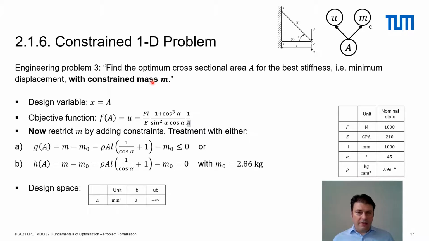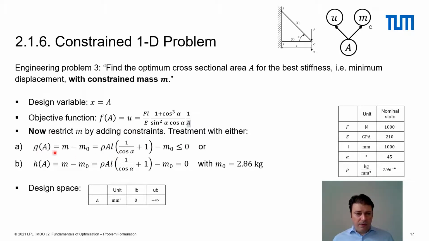So let's look at the optimization problem again. We have a design variable which is called A, the cross-sectional area. This is our objective function, still the same, but now we explicitly formulate constraints on quantities of interest.